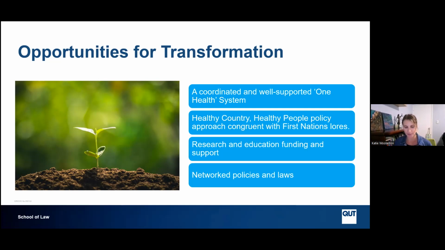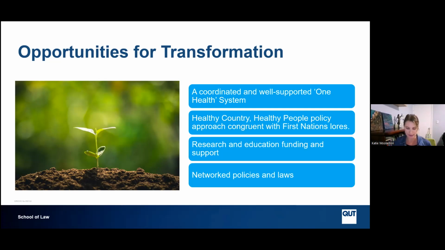So in Australia, a shared responsibility approach to One Health governance really should be focused on Aboriginal and Torres Strait Islander-led One Health policies. And in order for that to happen, there are lots of social justice issues that need to be sorted out, such as self-determining structures, upskilling, and how to effectively partner with Indigenous groups.